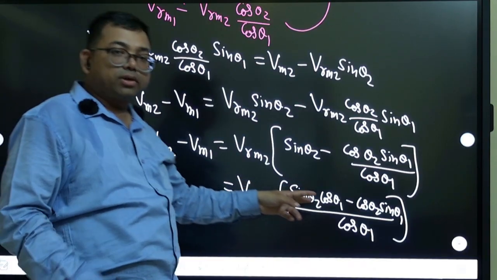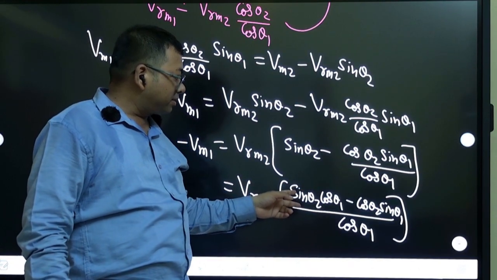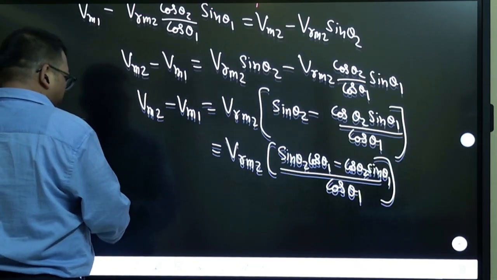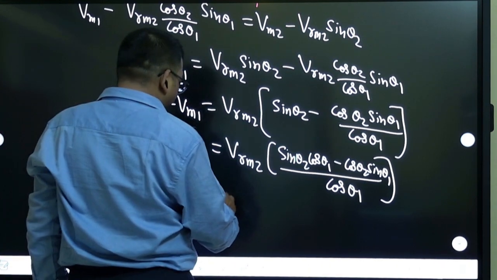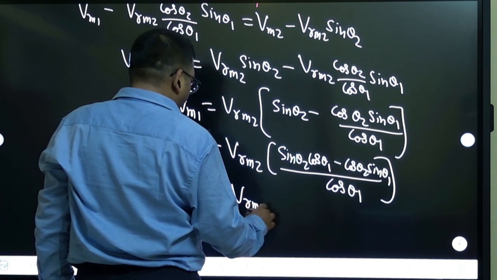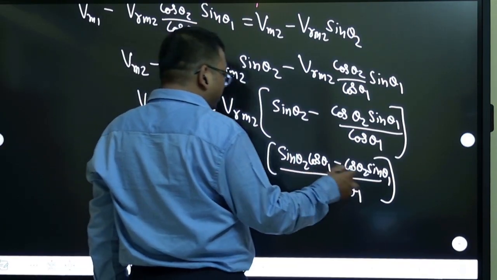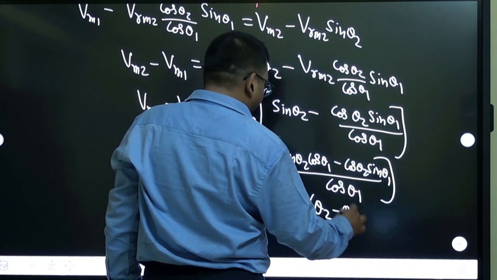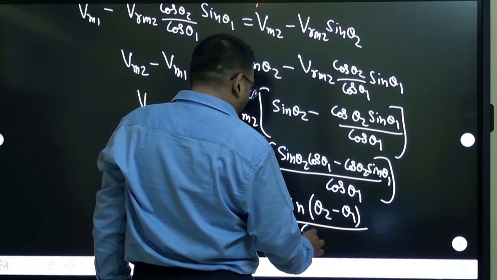Sin A cos B minus cos A sin B. What formula is it? Trigonometry. Sin A cos B minus cos A sin B is sin of A minus B. So sin of theta 2 minus theta 1. Good, this is coming as a formula.